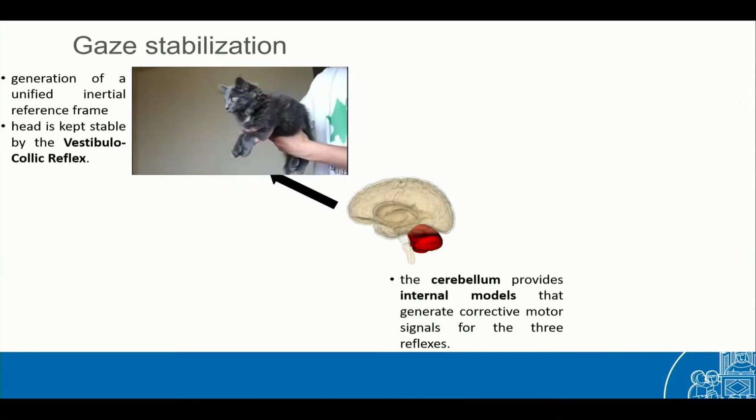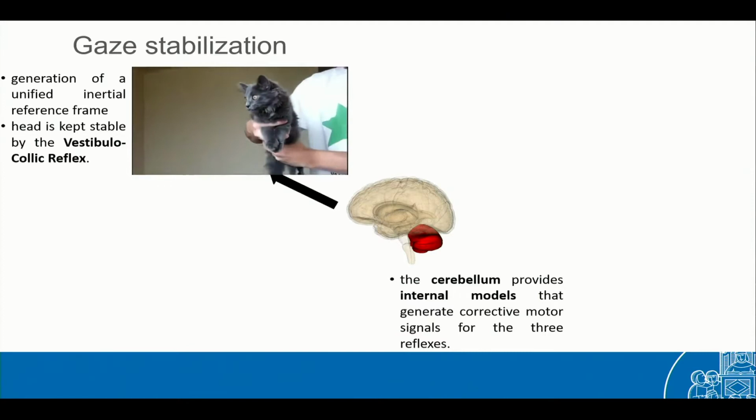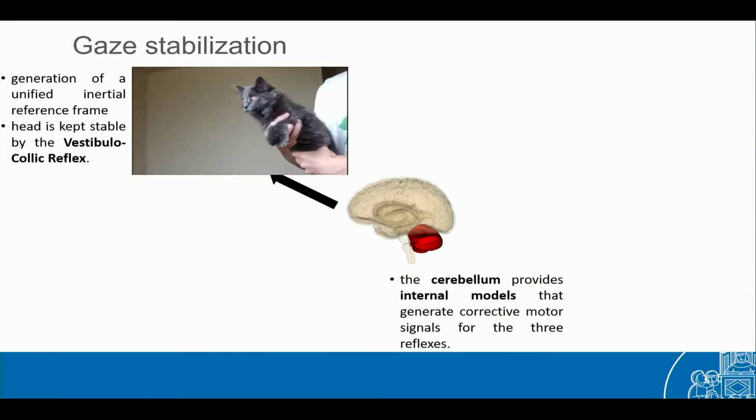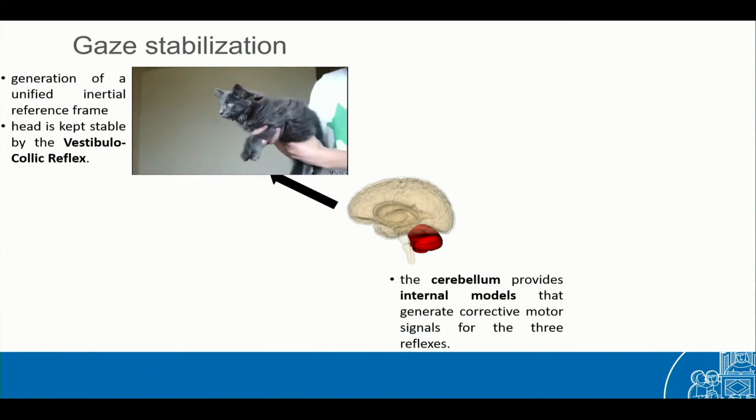And as you see here, the cat is very good, it stabilizes and rejects the disturbance that comes from the body. The difference between a human and, for example, animals like cats or chickens is that humans are not able to reject the translation that you have during locomotion. This is due to the mechanics of our neck.